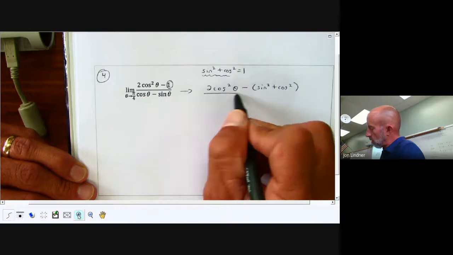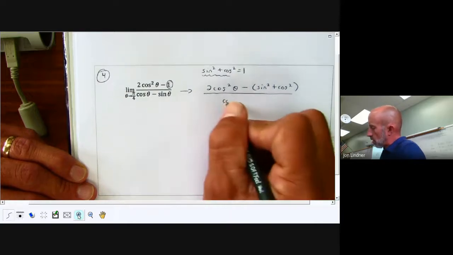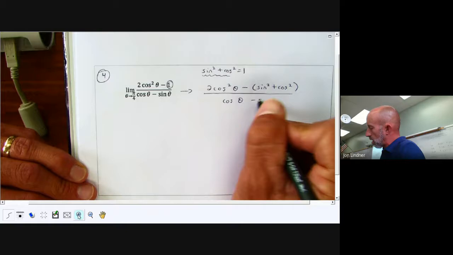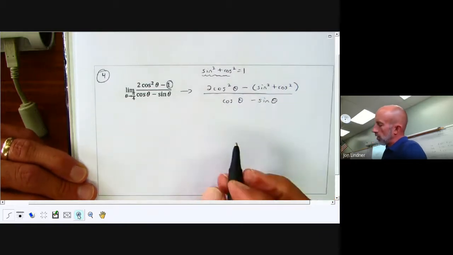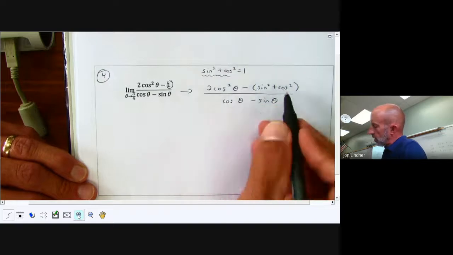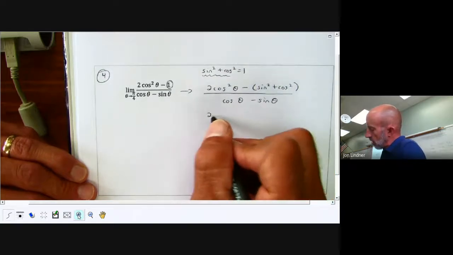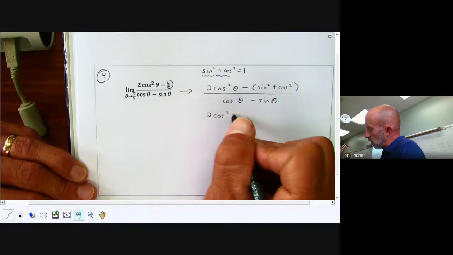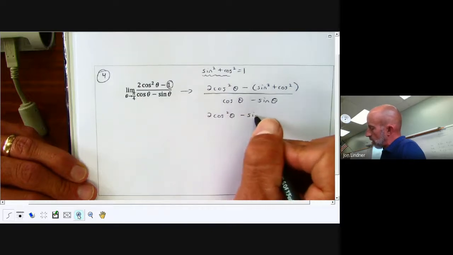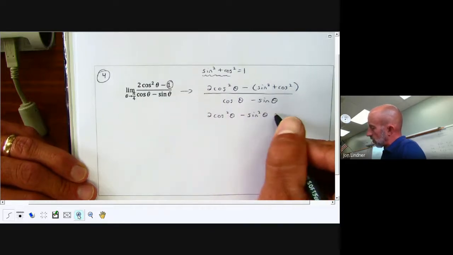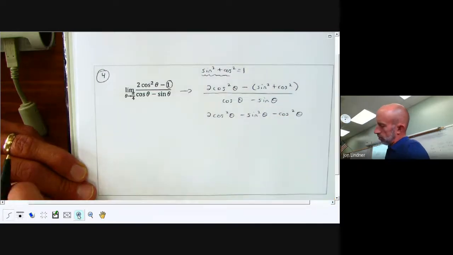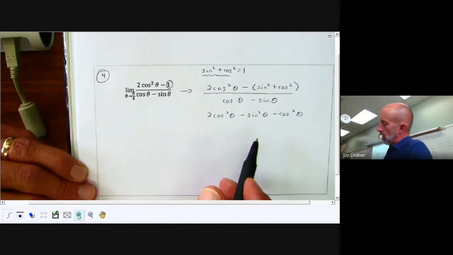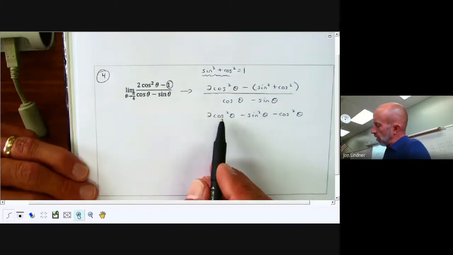The bottom is cosine theta minus sine theta. Now on top, look what happens. I take this minus through, and I have 2 cosine squared theta minus sine squared theta minus cosine squared theta. All right. And now look what I have.